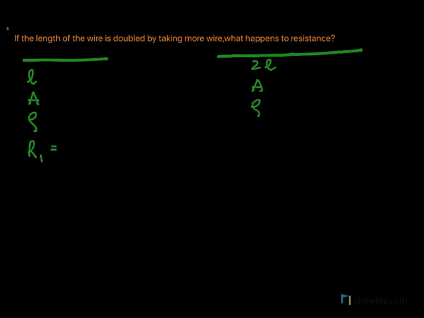In case 1, we know resistance is rho L by A. And in case 2, the resistivity is the same, the length is doubled to 2L, and the area is A. So R2 is rho 2L by A. Now we need to do R1 by R2 to know what happens.